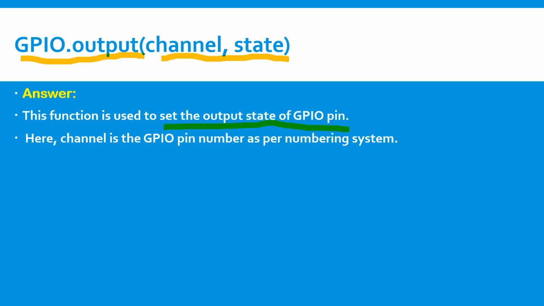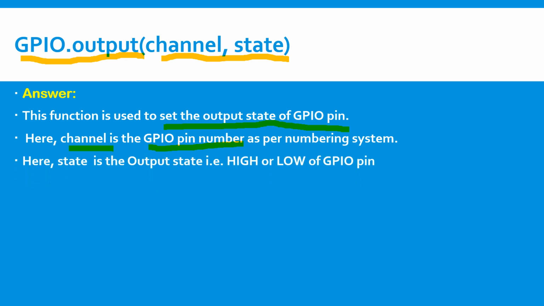Again, channel is the GPIO pin number that we are using here. The state is basically the output state, it will be high or low. So in this function, channel is nothing but GPIO pin numbering as per numbering system, and state is nothing but output state, that is high or low.